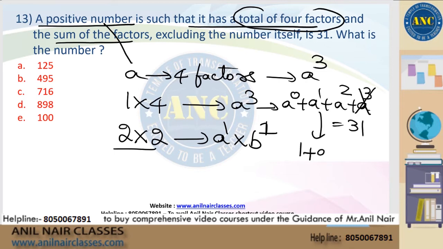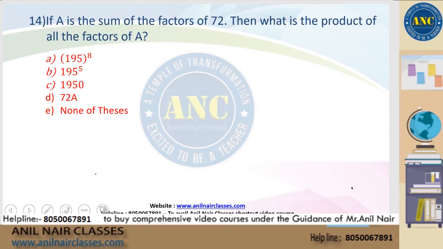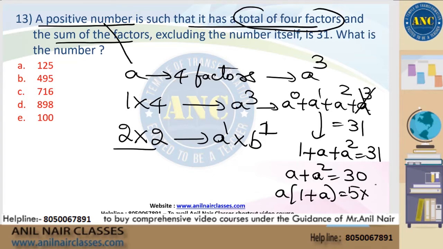So 1 plus A plus A square is 31, A plus A square is 30, A into 1 plus A is 30, which is 5 into 6. So A is 5, and one number is 5 cube.